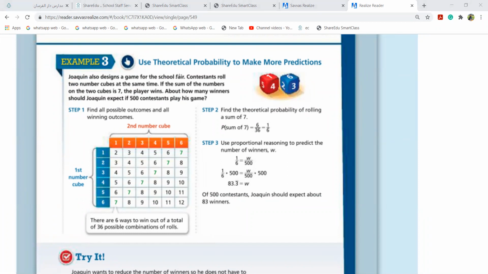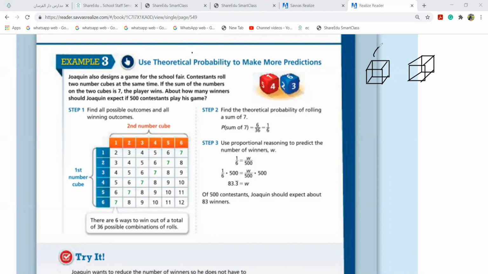I have 2 cubes, girls. All right. Now they say the possibility on it. When you add, there are 2 dice and you have numbers here. When you add them, you must get 7.